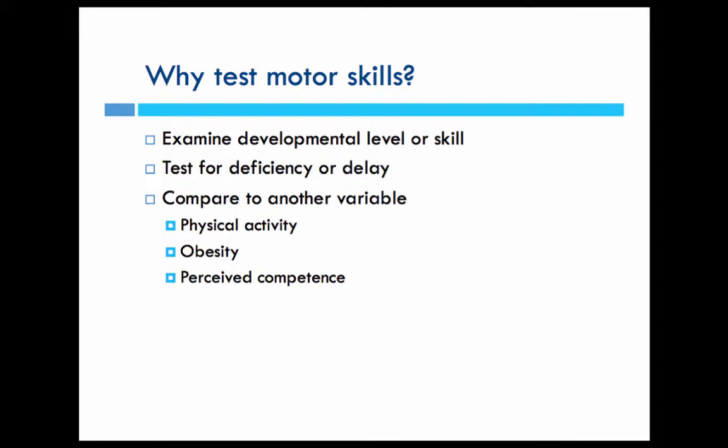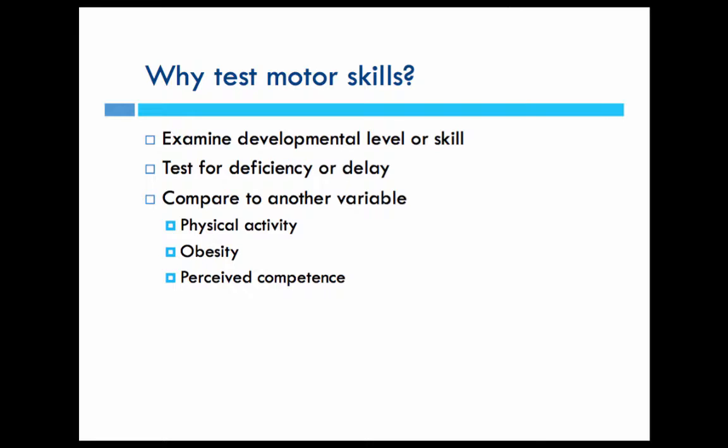So we need to test the motor skills in order to examine the developmental level or skill of the child. This allows us to test if there are any deficiencies or delays.